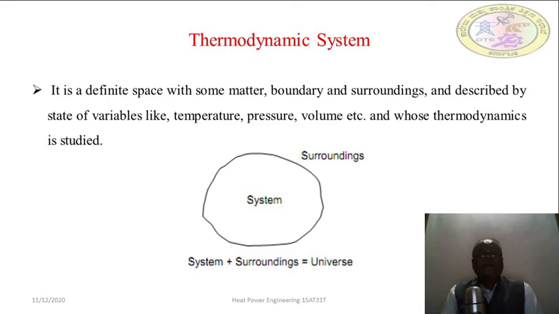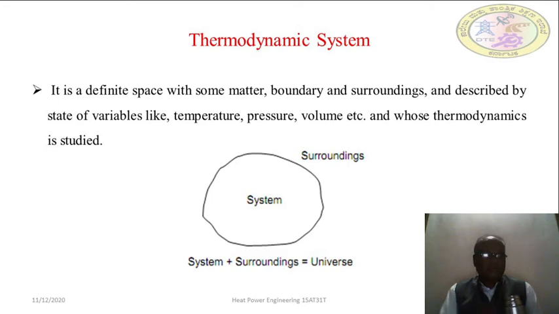Then, how is this thermodynamic system described? A thermodynamic system is described by these three normal variables. The very first one is temperature. Consider this thermoflask is filled with hot water.